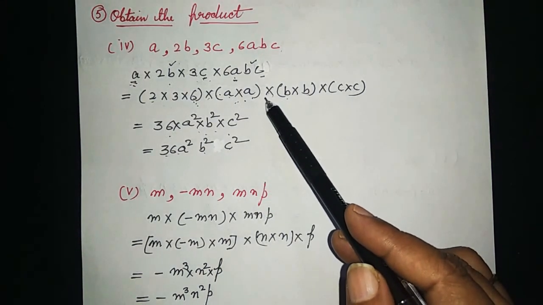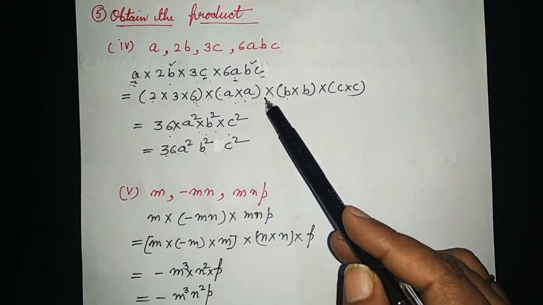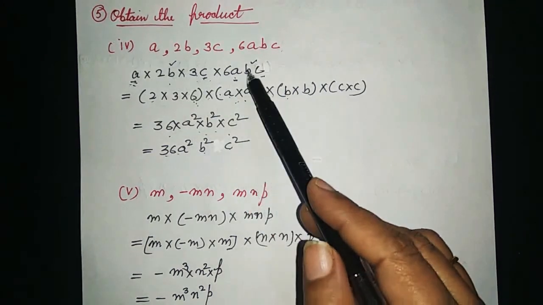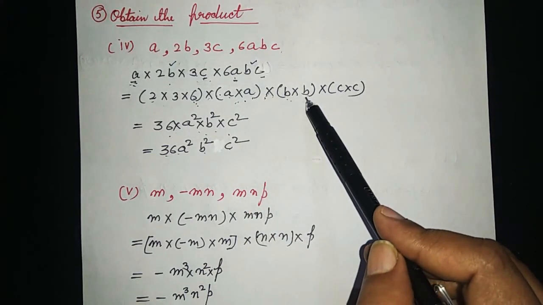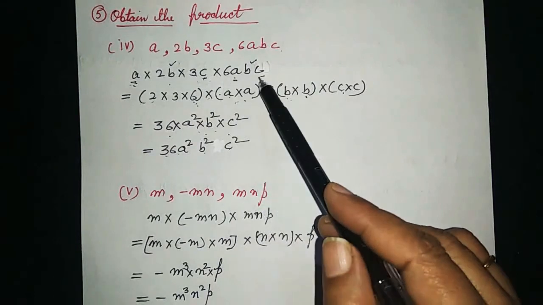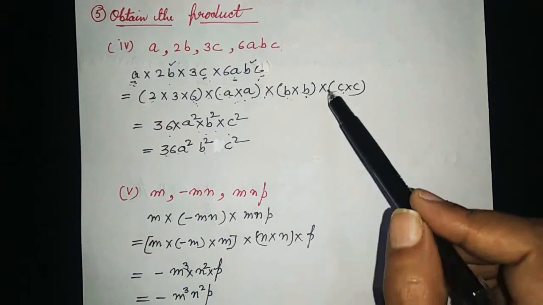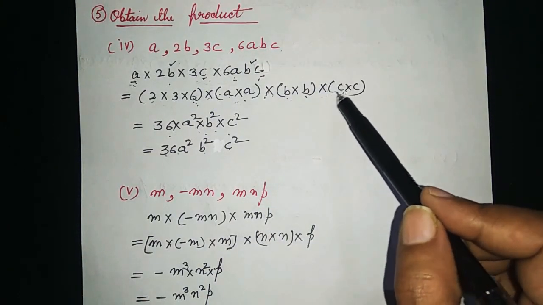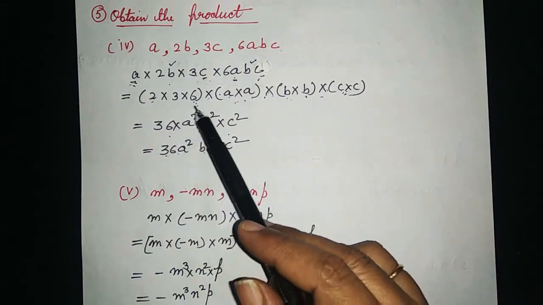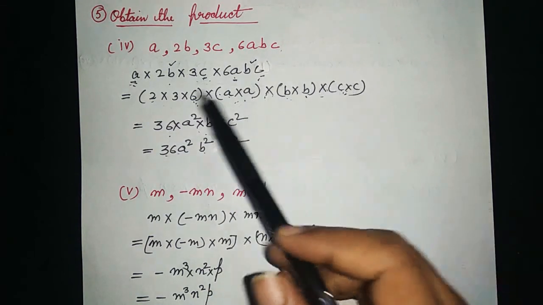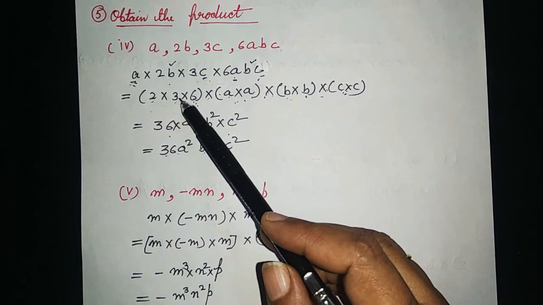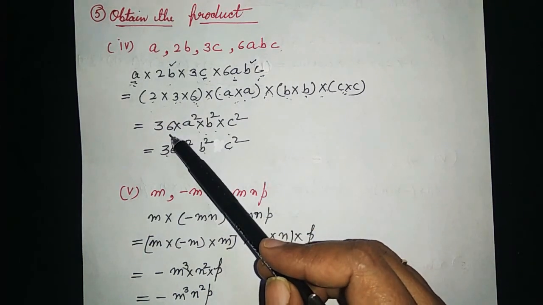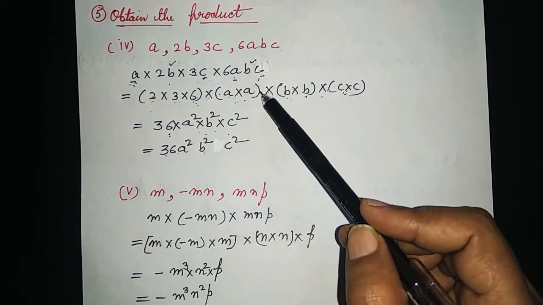Again we will put here multiply sign. Then b into b we will write here. And c is also coming 2 times. This also we will write with the sign of multiplication. Now we will multiply this. 2 3s are 6 and 6 6s are 36. a multiply a.